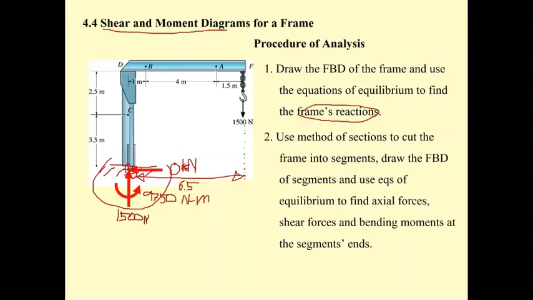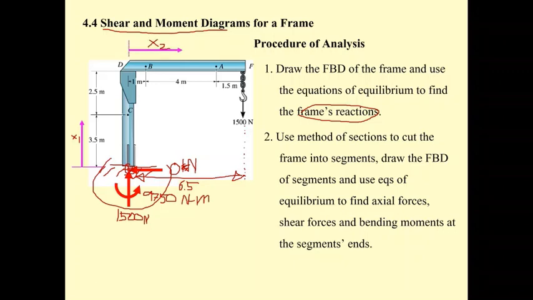Okay, that's going to be the frame reaction. And then if you would like to find the internal forces and internal moment to draw the shear diagram and moment diagram, you have to set, for example, this one as coordinate one. You may call it x1 or y1, whatever you set, and this is going to be another, x2.